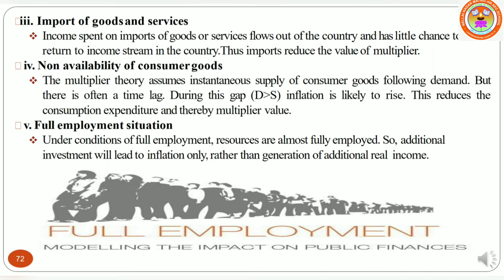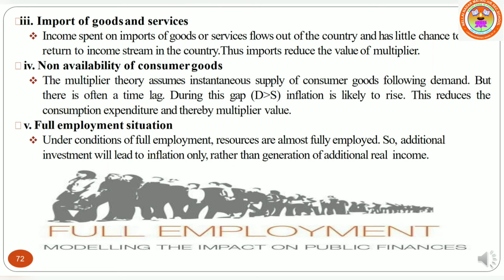Income spent on imports of goods and services flows out of the country and has little chance to return to the income stream in the country. Thus, imports reduce the value of multiplier. If increase in income is spent on the purchase of imported goods, it acts as a leakage out of the domestic income stream.